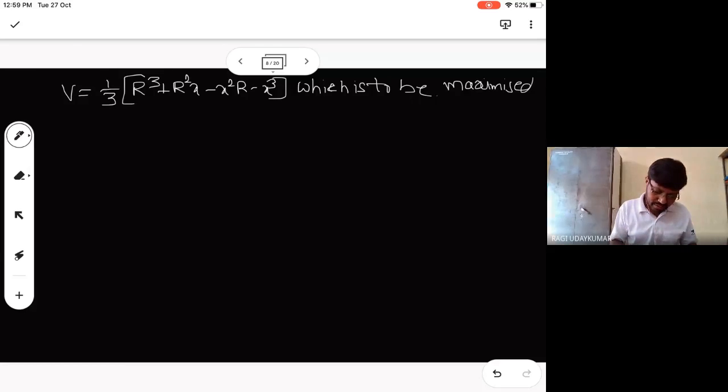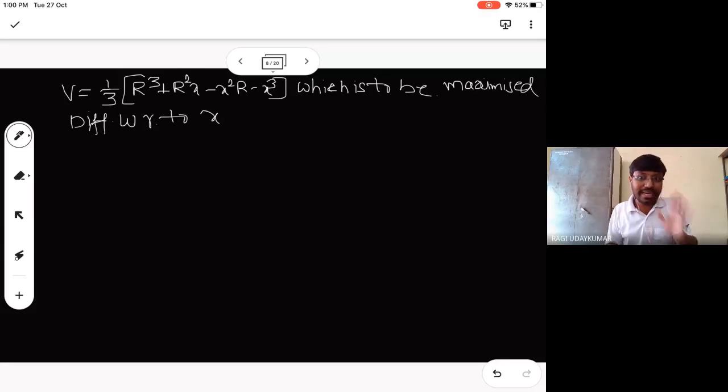So differentiate this with respect to X. R is fixed here, so capital R is constant. Whatever it is given, that is fixed, that is constant.